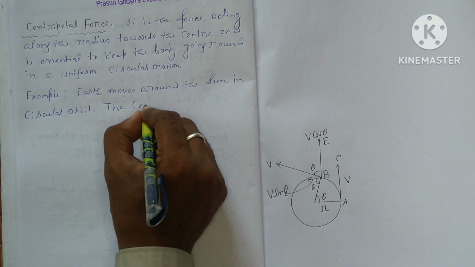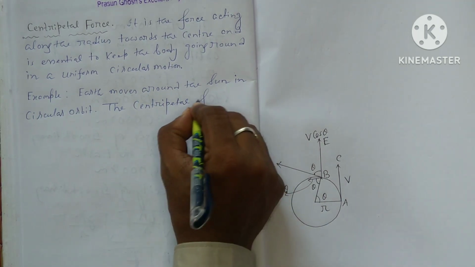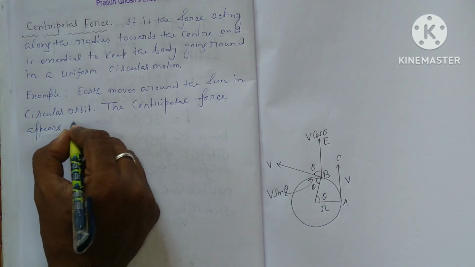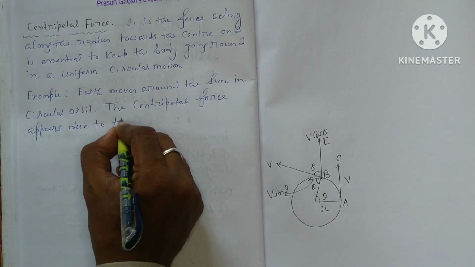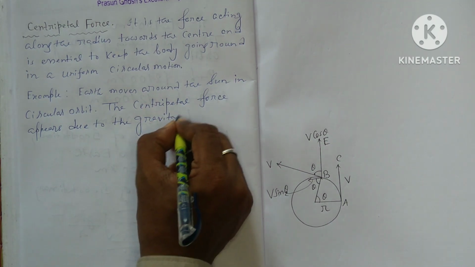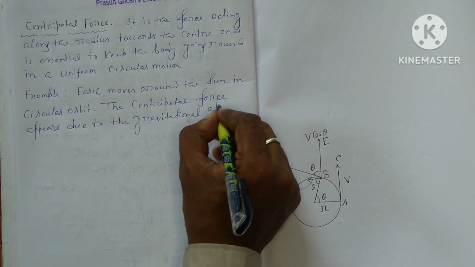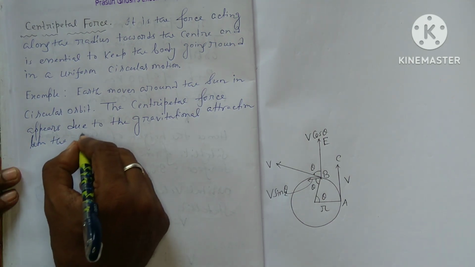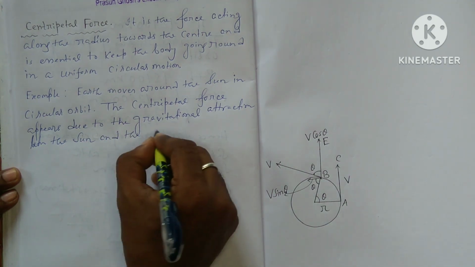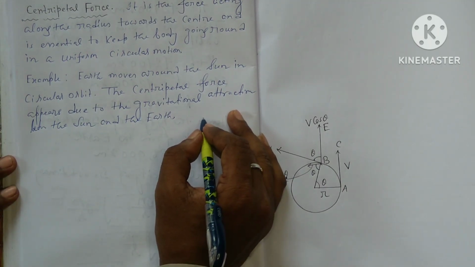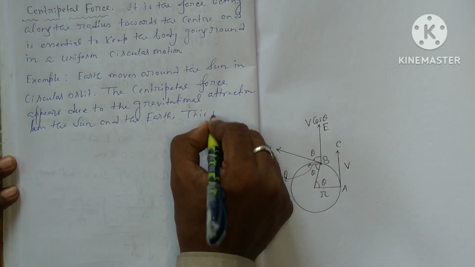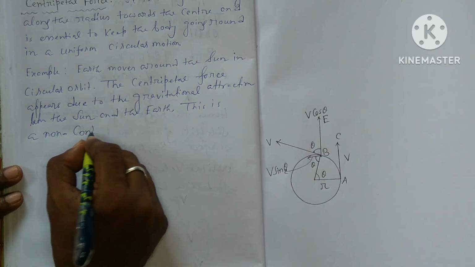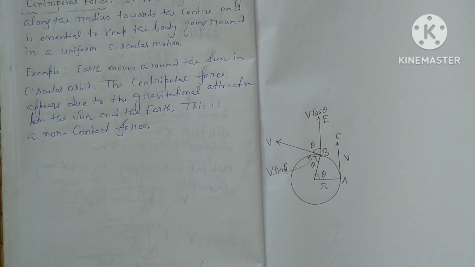The centripetal force appears due to the gravitational attraction between the Sun and the Earth. This is a non-contact force.